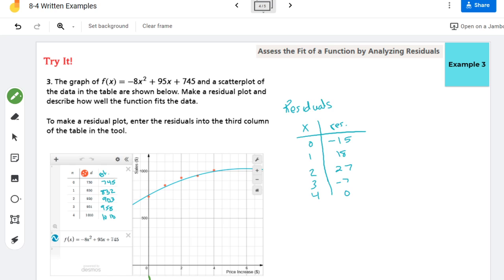So 0 is negative 15, which would be like here. 1 is 18, which would be slightly higher. 2 would have been 27. 3 would have been negative 7. And 4 would have been 0. Mind you, I'm scaling mine differently than this. Ignore those x values.